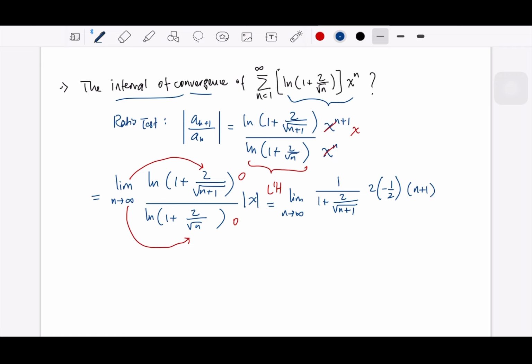So half minus half minus half minus 1 is minus 3 over 2. This will be 2.